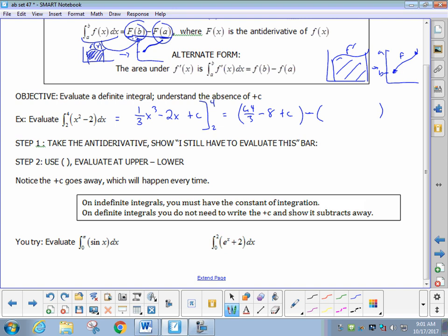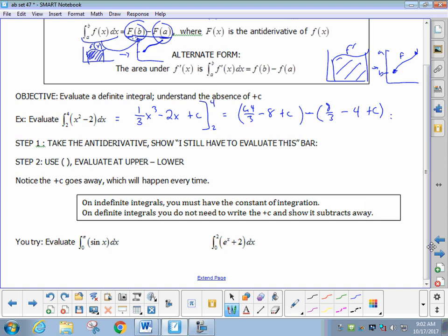Now I subtract that function evaluated at 2, which would be 8 thirds minus 4 plus C. Now, please don't worry about simplifying inside those parentheses. It's much cleaner and easier if you look at these two, and these two, because they're like terms. Both of these came from this cube. So they'll always have a common denominator.